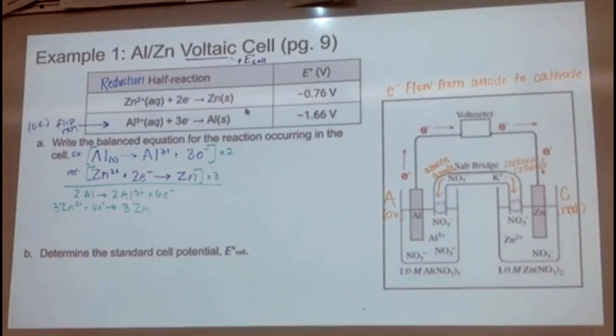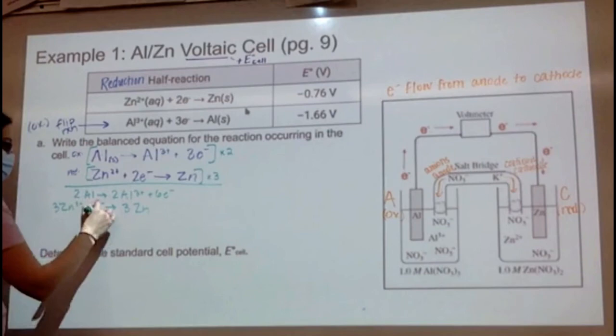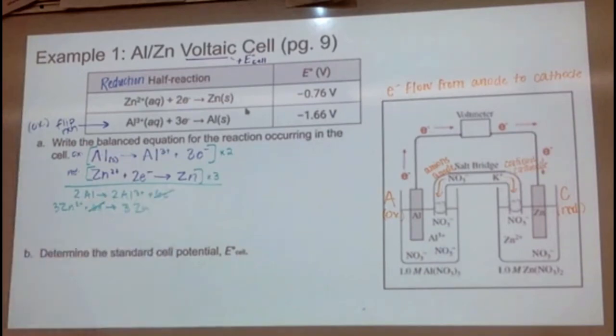Once our electrons are equal and we've multiplied, then cancel anything that is the exact same on both sides. Remember, they need to be the exact same. Aluminum is not the same as aluminum 3+, because this is Al solid, this is Al aqueous. So what I see is just the electrons will cancel.